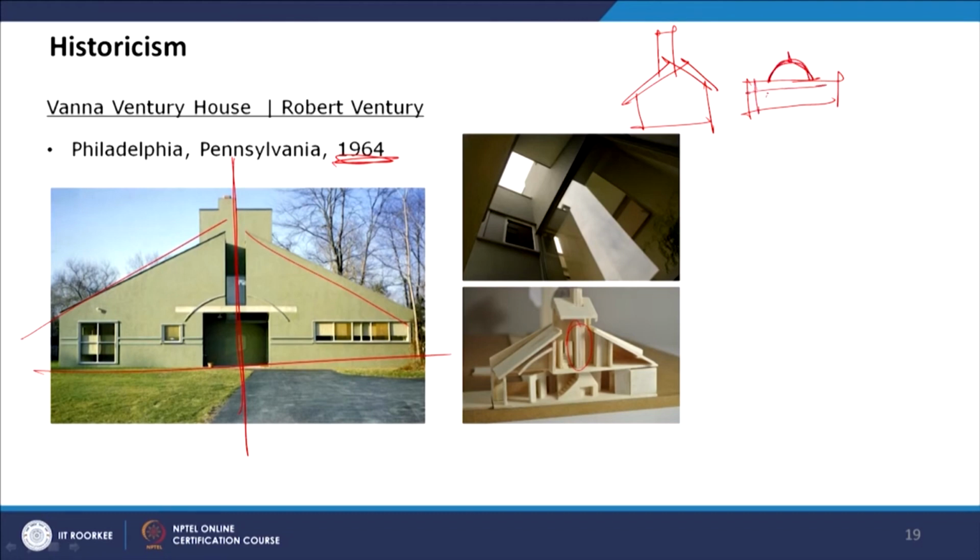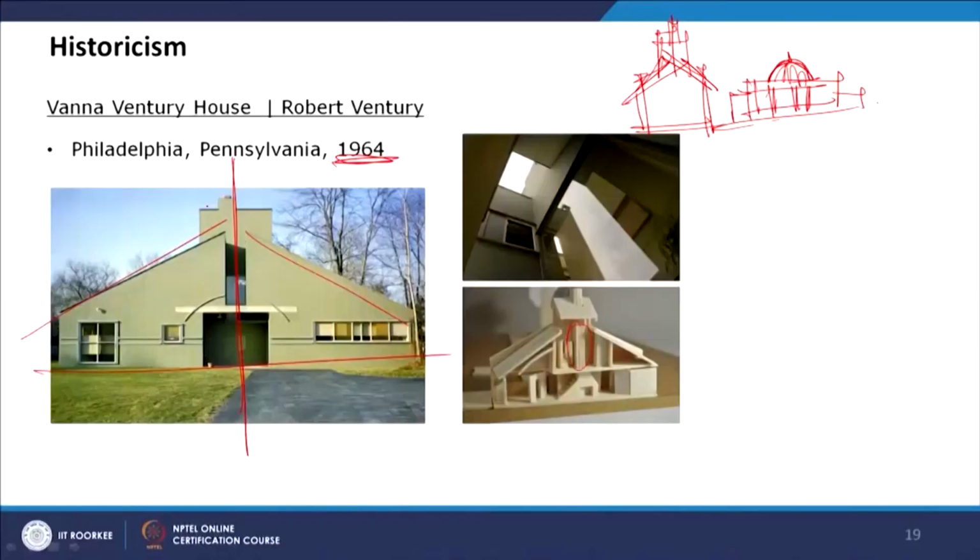The classical architectures are generally centrally heavy designs, so the central part of the building will always be heavy. Even in Gothic architecture, Notre Dame and all, the central part has to be dominating, the mass has to come from the periphery, and the central mass has to be dominating. That also talks about the classical approach of designing the volume.